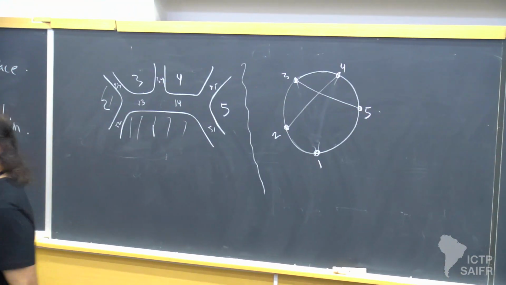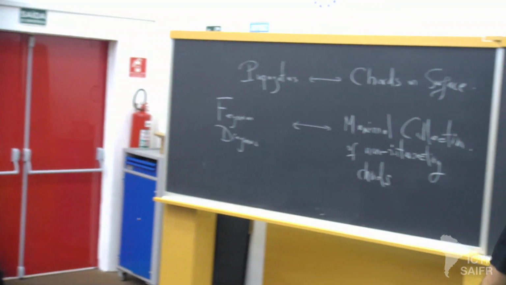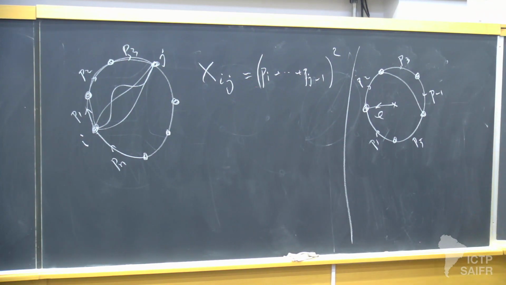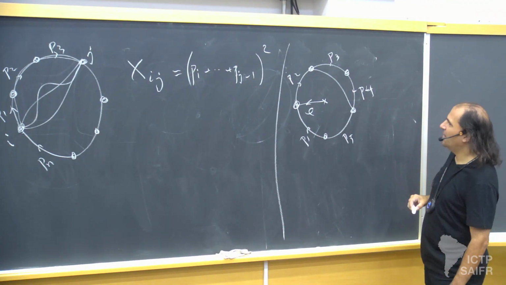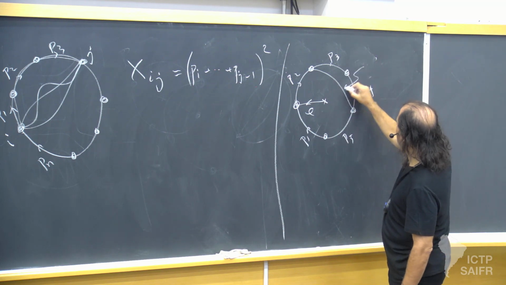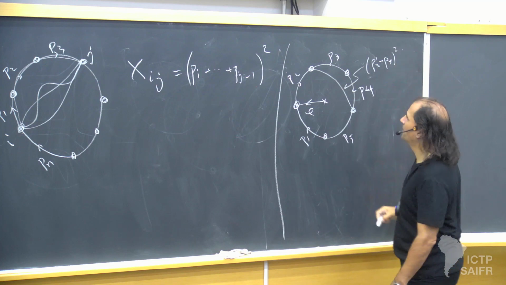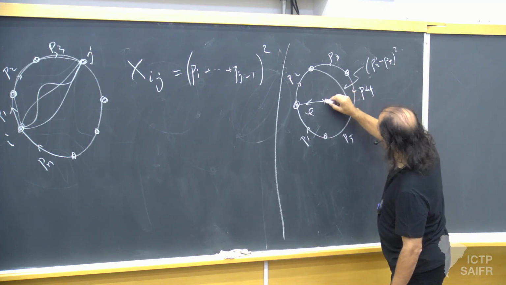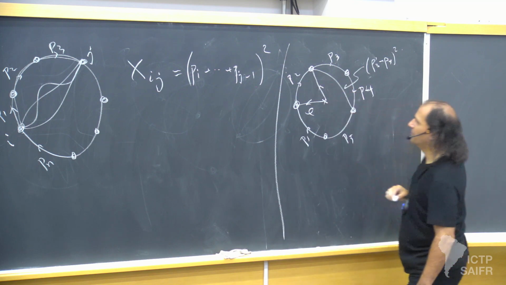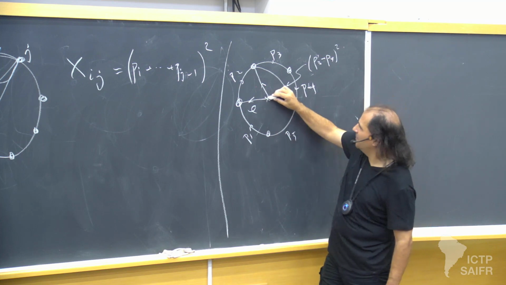Draw any curve you want, and that curve is assigned a momentum by homology. Okay, so what is the momentum of this curve? Well, or the momentum squared. This is P3 plus P4 squared. But what is the momentum of this curve, for example? Well, that guy, I can deform it to this plus that.